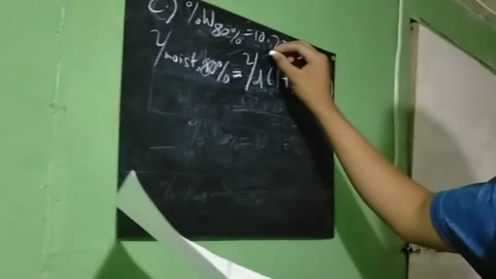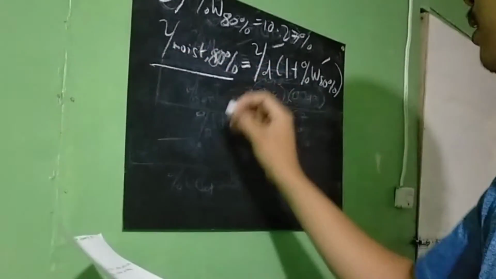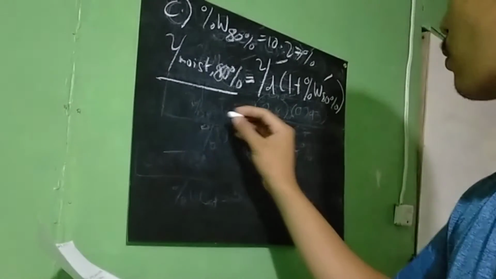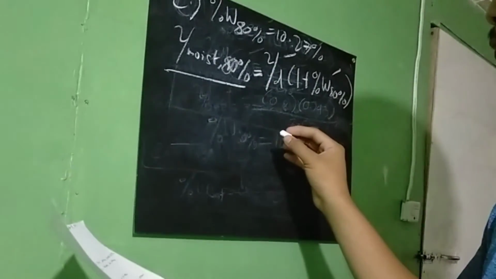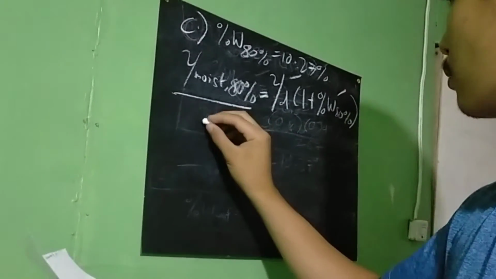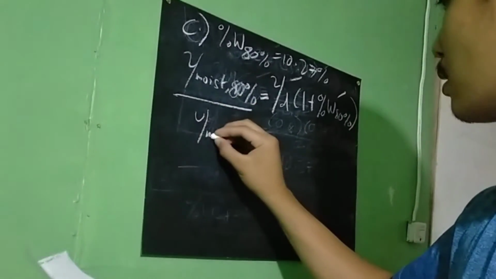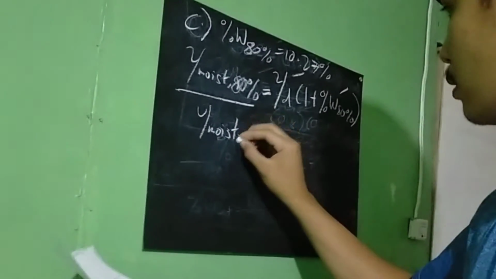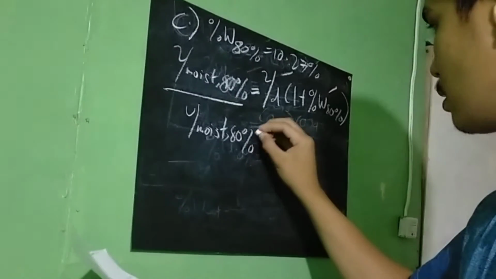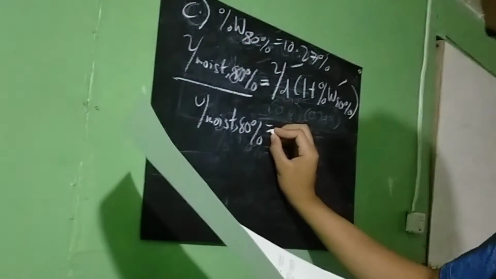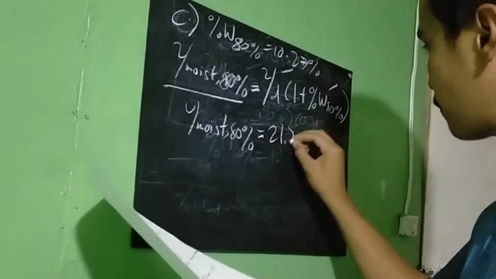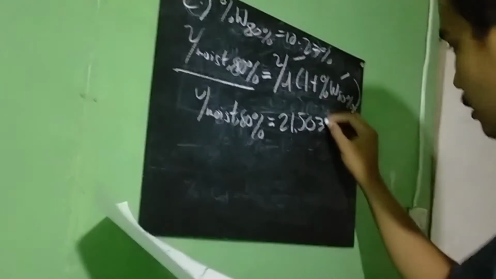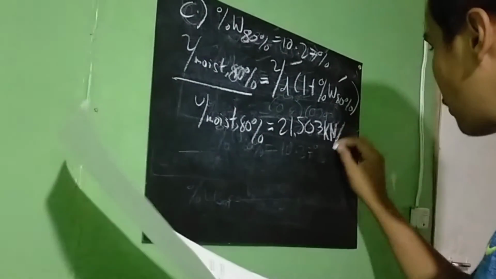So given that, we can get this moisture unit weight. So the moisture unit weight at 80% saturation is equal to 21.503 kilonewton per meter cube.